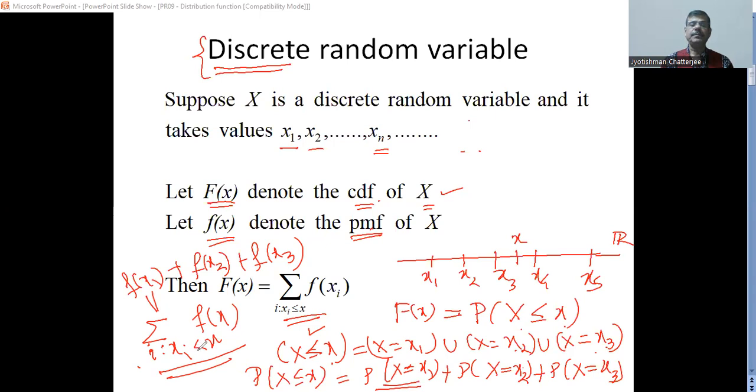We have got here that probability of capital X less than or equal to small x is f of x1. See, what is this thing? Probability of capital X equal to x1. This is f(x1). I don't have much space here, let me write this down. Probability of X equal to x1 is nothing but f of x1 by definition.